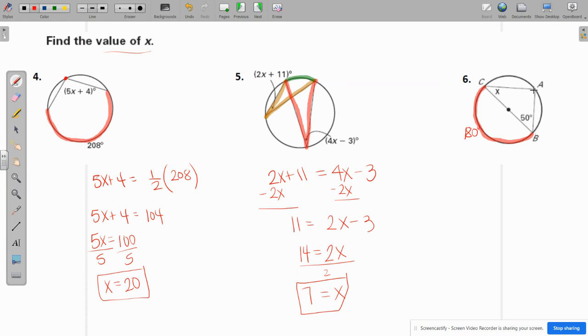So this angle here would then have a measure half of 180 degrees, which means this is a 90-degree angle. We're looking for the measure of this angle here. So if this is 90 degrees and this is 50 degrees, since all interior angles of a triangle add up to 180, we take 180 and take away 90 and take away 50, and we are left with 40 degrees. So that means the measure of angle X is 40 degrees.